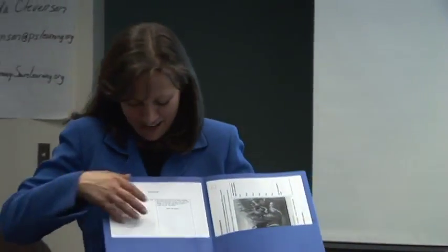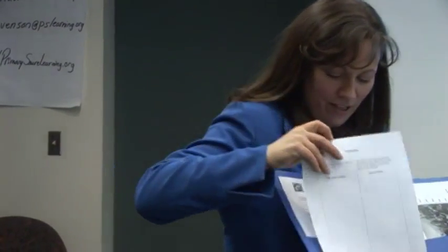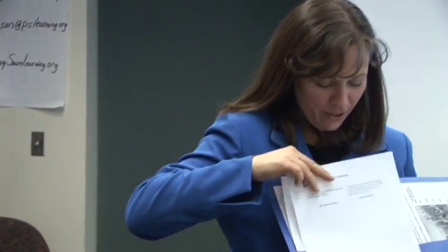Okay, so now we've done our hook, and after our hook, I've got to find out what you guys know. If you have a blue folder, you have not only a T-chart, but you also have one that's filled out with answers, so you can kind of cheat or not. If you have a red one, you just have the blank one.